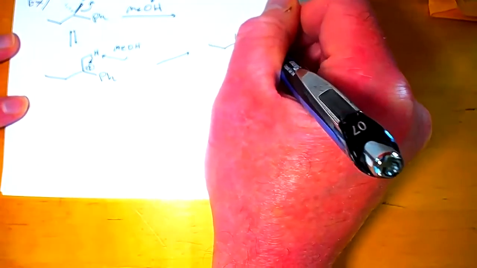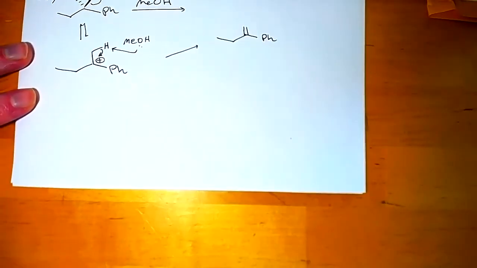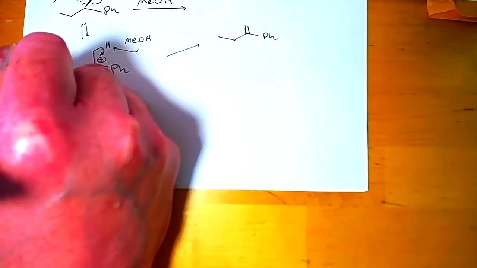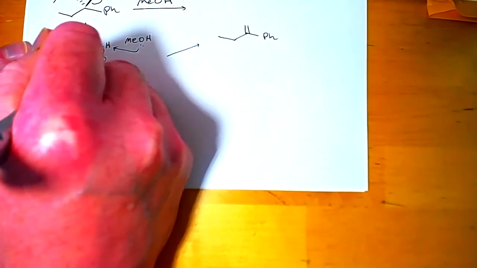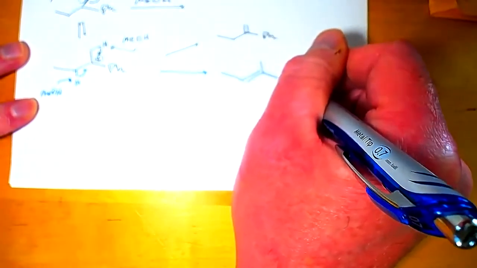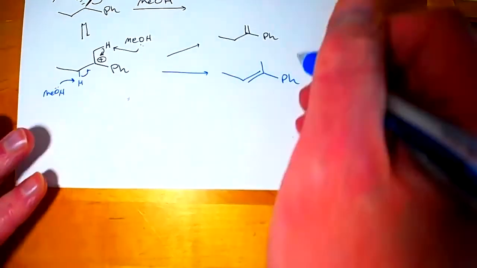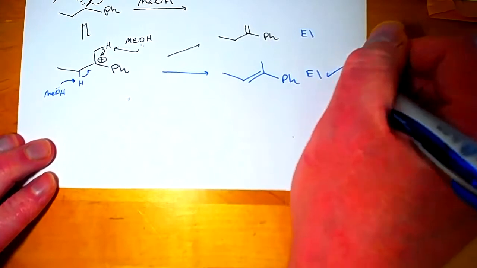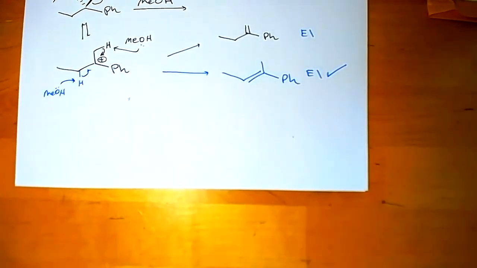So we're starting to see some of this product. Or this hydrogen here in blue. So we're starting to see this product, both of which are E1 eliminations, albeit this one is the major of those two.